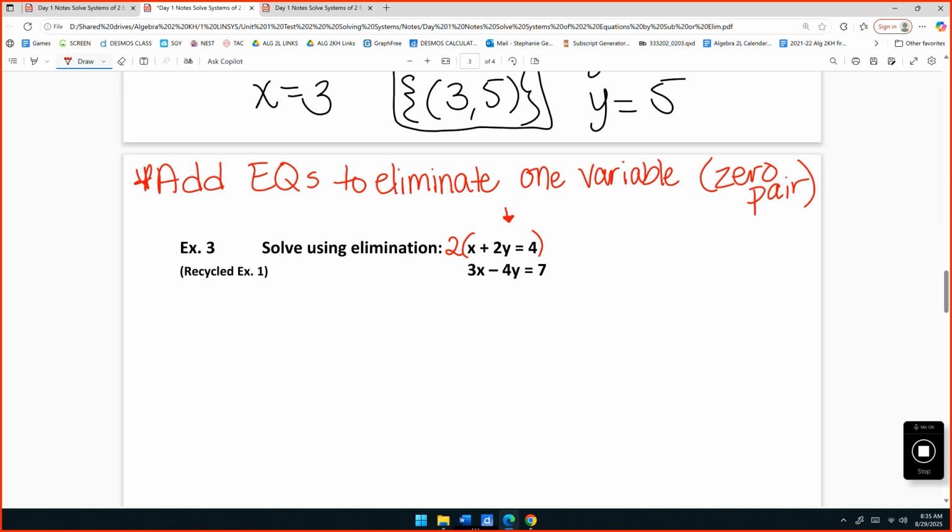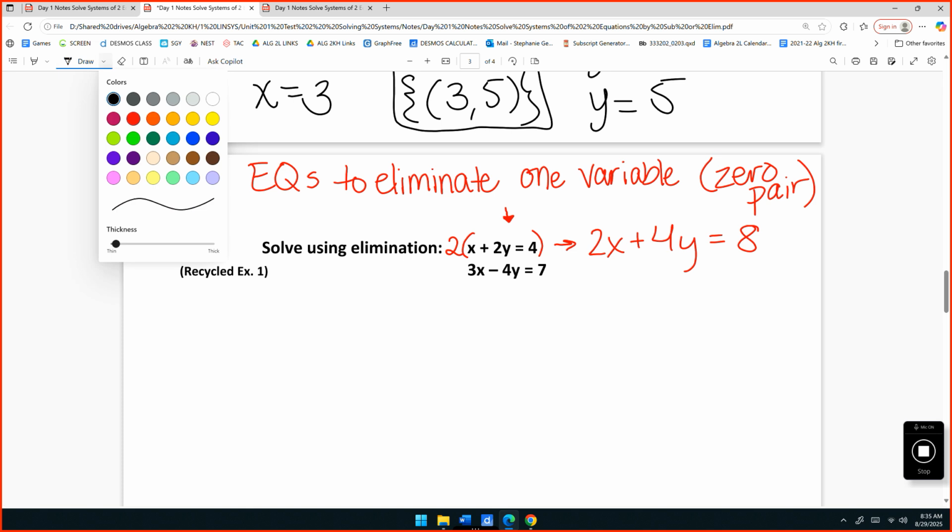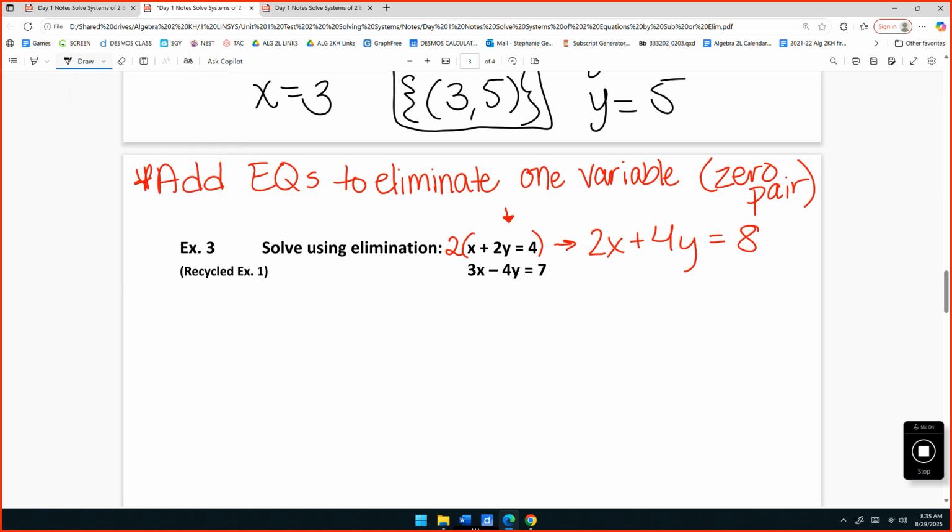But here's where people mess up: you've got to multiply the whole equation. You can't do anything unless you do it to everything. So this will turn into 2x plus 4y equals, and even that other side needs to be multiplied by 2, so equals 8. Now, I am not choosing to do anything with the second equation, so I'm just going to carry that over: 3x minus 4y equals 7.